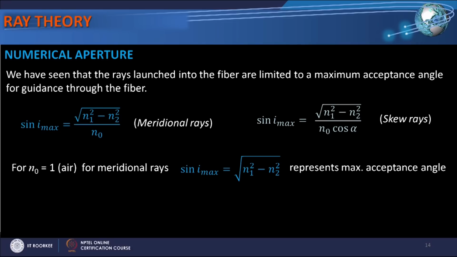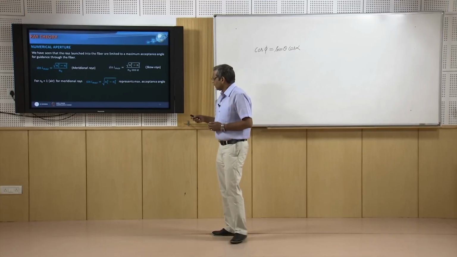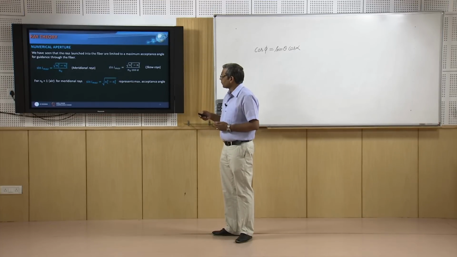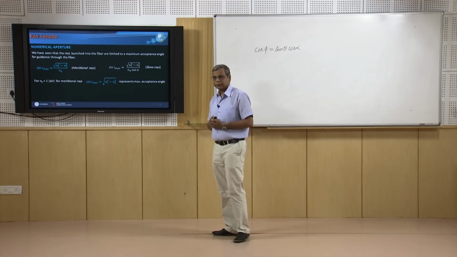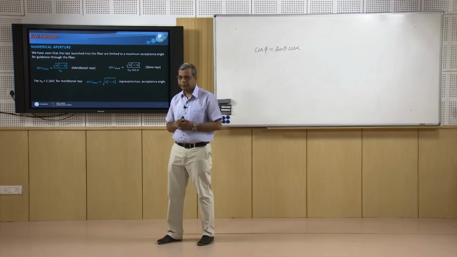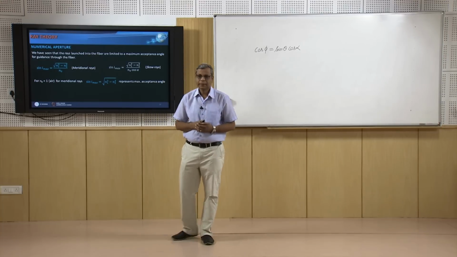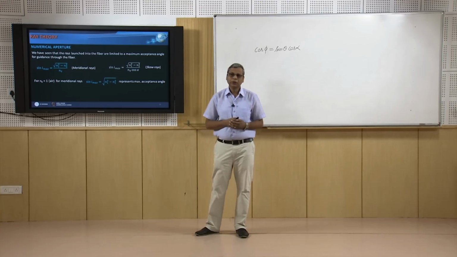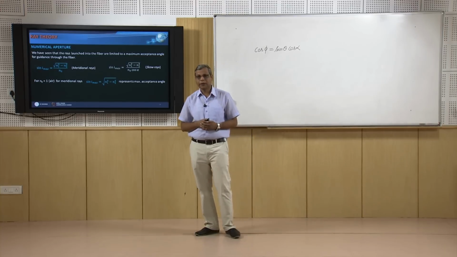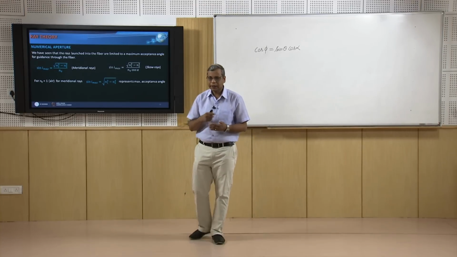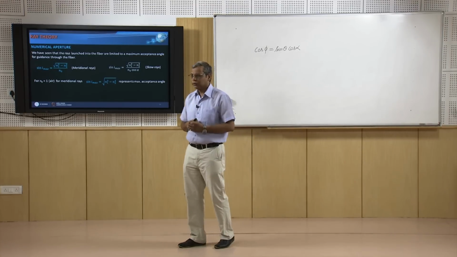So, if the fiber is in air, then what is the maximum acceptance angle? That gives you the numerical aperture of the fiber, because this maximum acceptance angle basically tells you the light gathering capacity of the fiber, and that is why it gives you the numerical aperture.